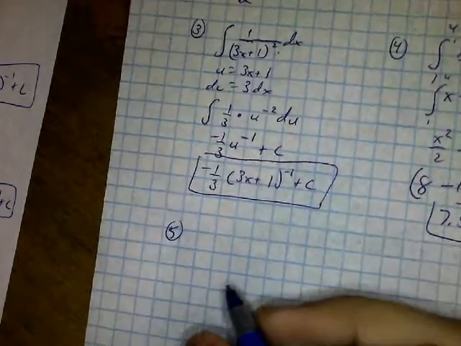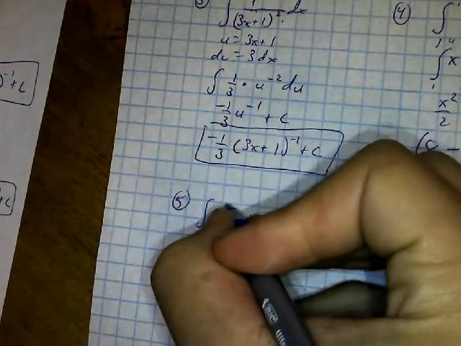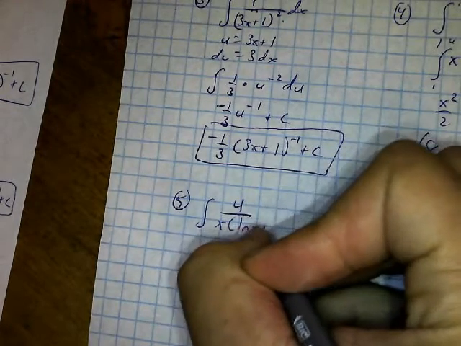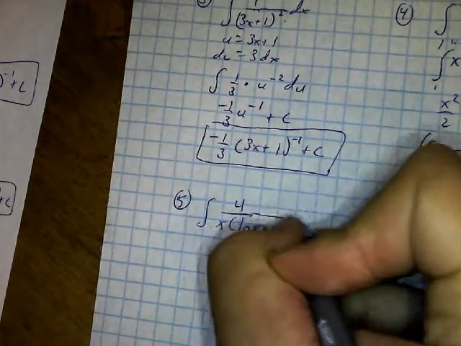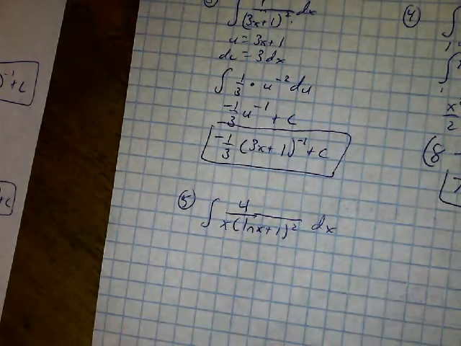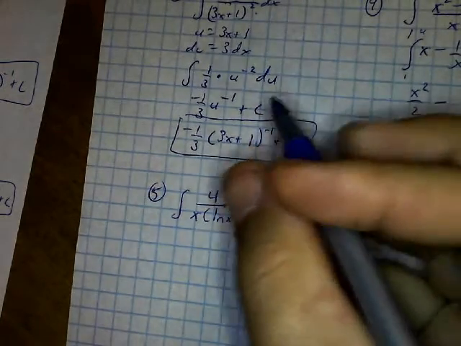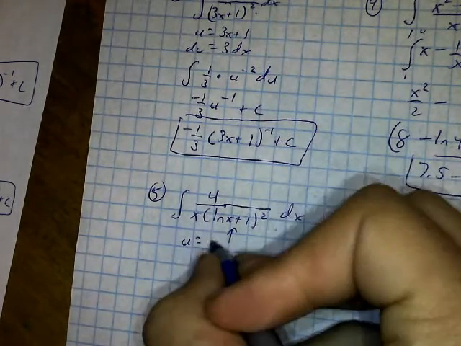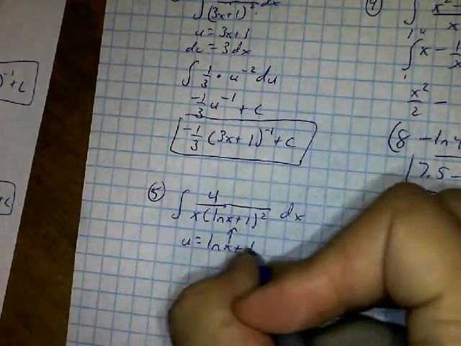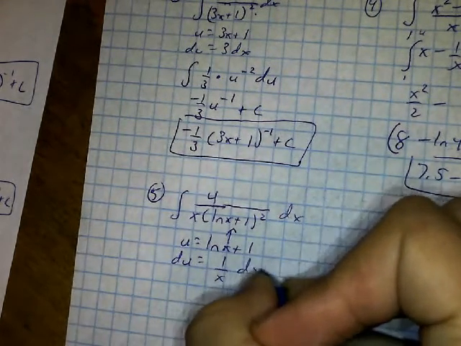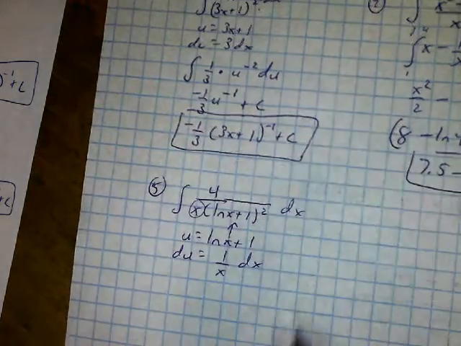Another one. The integral of 4 over x natural log of x plus 1 squared dx. Here's your inside function. U equals natural log of x plus 1. The derivative of u equals 1 over x. Again, there it cancels.